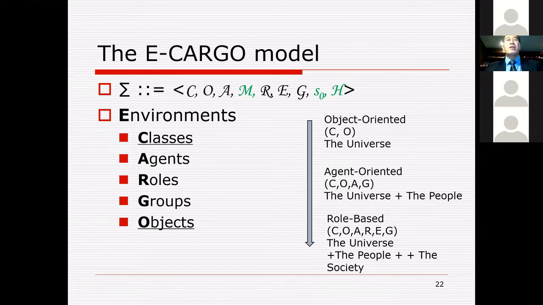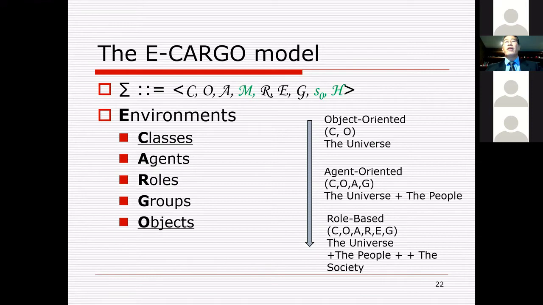So I discard M and S0H and form the term. I call it Ecargo: classes, agents, roles, groups, and objects are the first class components of Ecargo, and the messages are the second one. Make all the agents and objects connected.